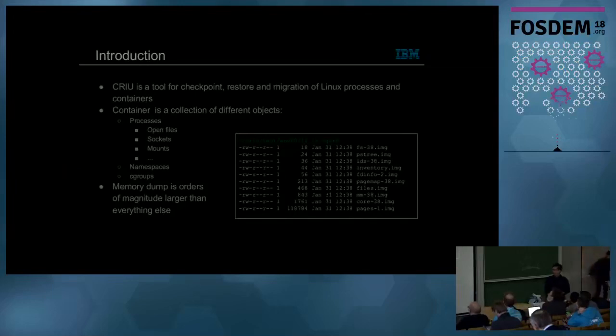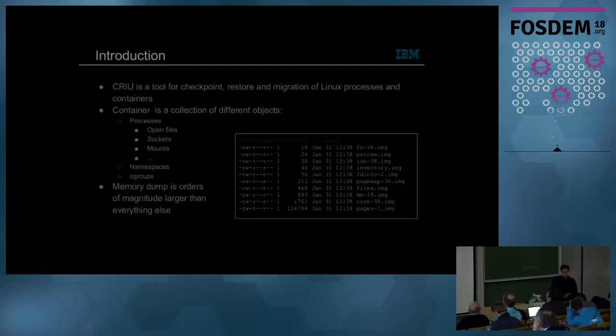Processes have open files, sockets, mount points, etc. And processes are isolated using namespaces, and they are also controlled by cgroups to ensure resource usage and different things like that.